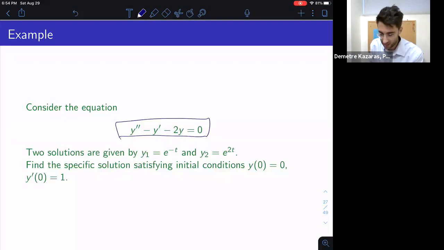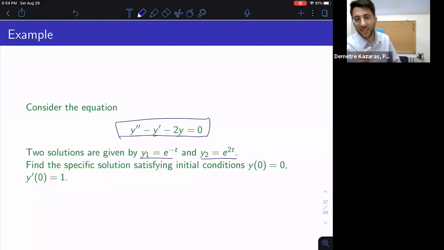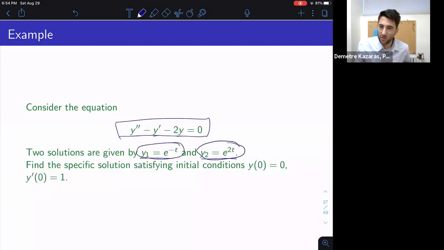It's second order and simple looking. There are no t's present, and you can trust me, but it is a fact that these two functions, e to the minus t and e to the 2t, will solve the equation. So I'm doing the hard work for you. I give you the solutions right off the bat. Here are two solutions.